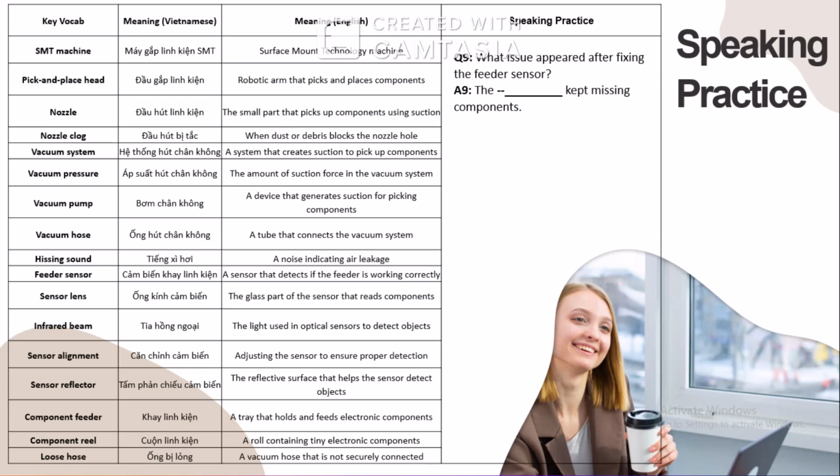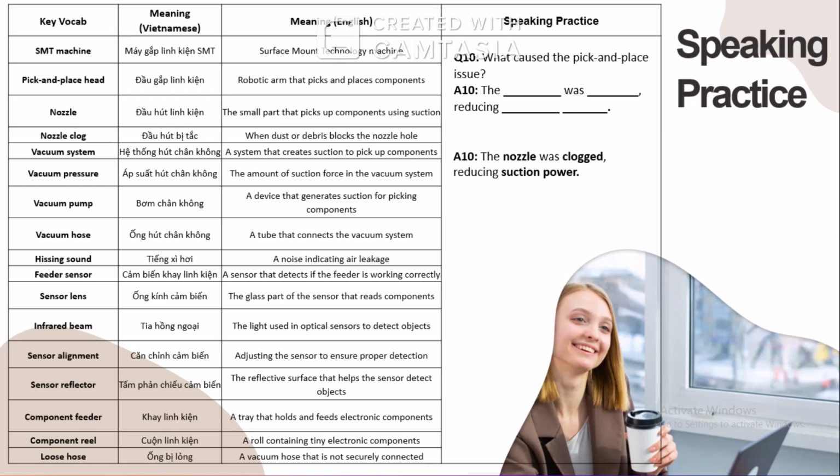What issue appeared after fixing the feeder sensor? The pick and place head kept missing components. What caused the pick and place issue? The nozzle was clogged, reducing suction power.